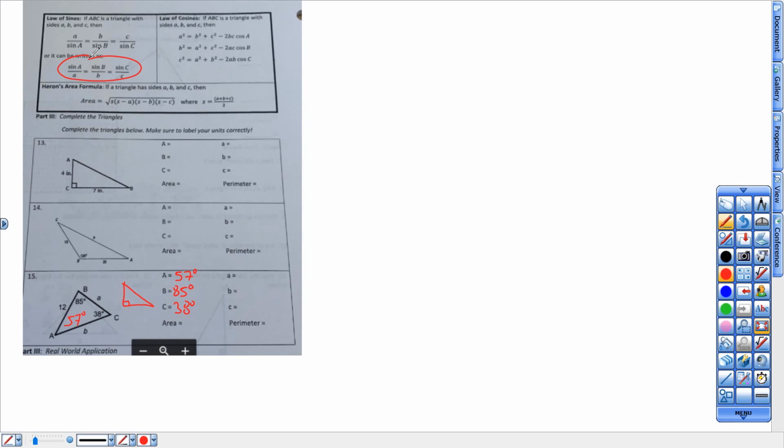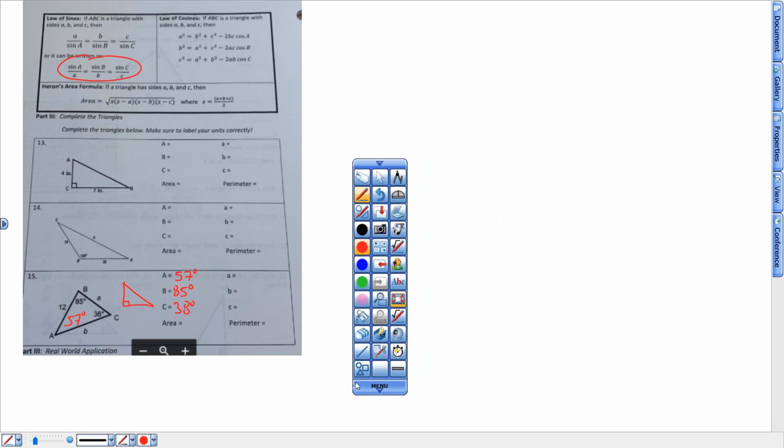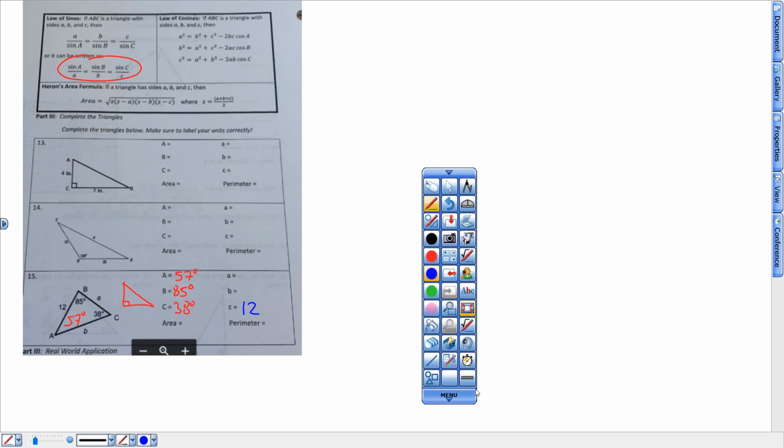So what I'm going to do to find my pieces here, to find A, let's set it up like, oh, looks like I have piece C right here is 12. So let's write that one down. I'm going to go from C because that one gives me a length to start. So that's why I'm choosing C to start with.